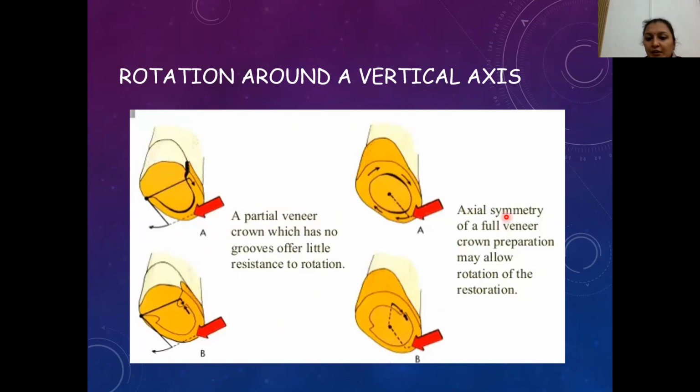Axial symmetry of a full veneer crown preparation may allow rotation of the restoration. However, if the tooth preparation is prepared with wings, the resistance form is enhanced, and there is resistance to rotation of the restoration.